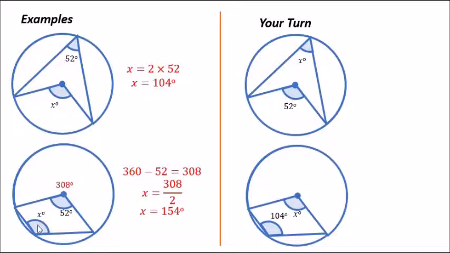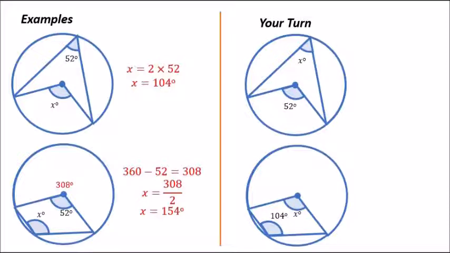So if we want to find this angle, we need to find the angle at the centre that's outside of the quadrilateral that's made. We know that around the point at the centre of the circle is 360 degrees. So if we take 52 away from 360, it gives us the angle outside of our quadrilateral being 308 degrees.